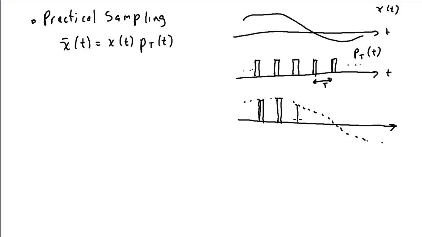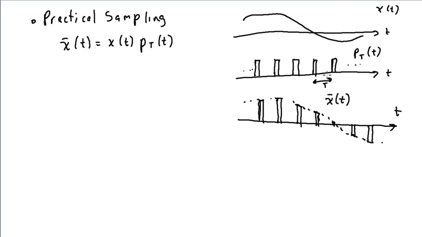You get a pulse train, but now the amplitudes of these pulses are affected by x(t). The pulse tops will actually have the same shape as x(t) during the time interval of the pulse. So this is what I'm calling our practically sampled version of x(t).